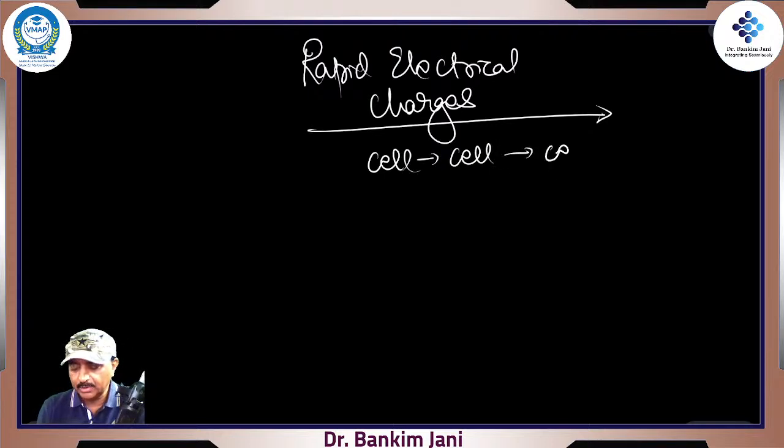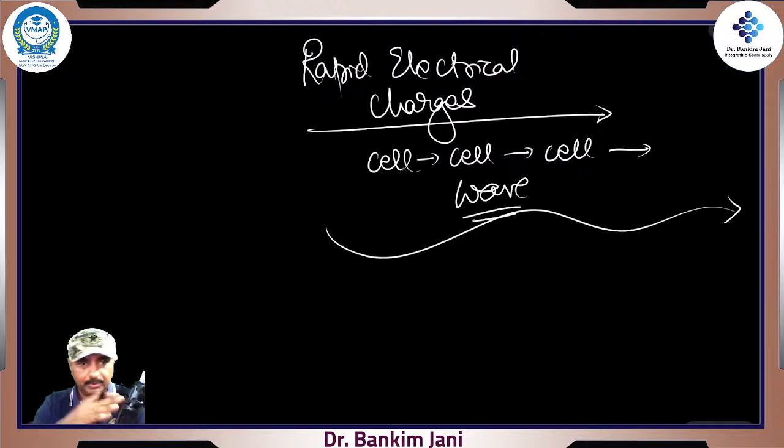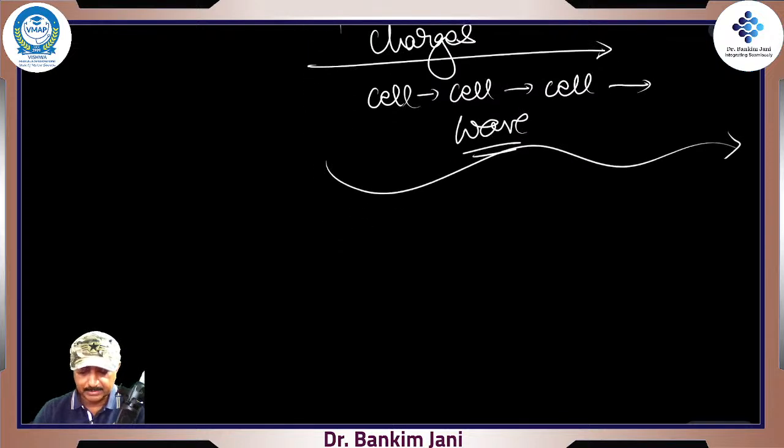It's like a wave, and that wave moves. But in cardiac muscle, there is one important thing: the entire muscle should contract together. That's not the case in skeletal muscle. Over here, the entire muscle should contract together, so there has to be a special mechanism.